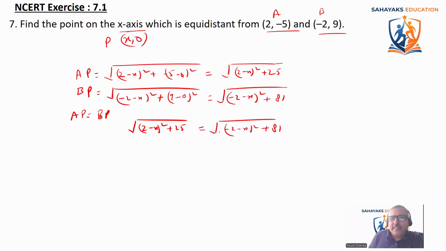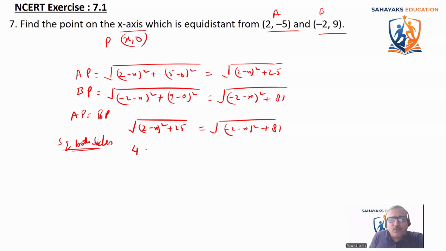Now squaring both sides. My writing is bad, please avoid it, and that's why I'm saying each and everything I'm doing. So it becomes (2 minus x) whole square. Let's open it.